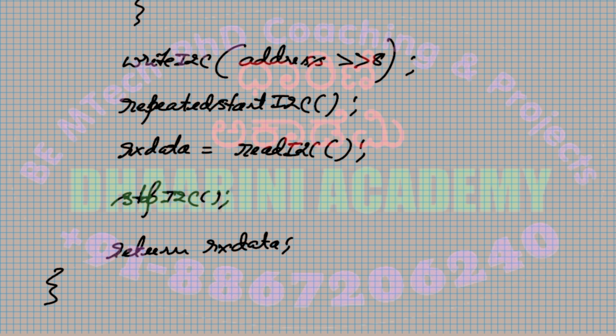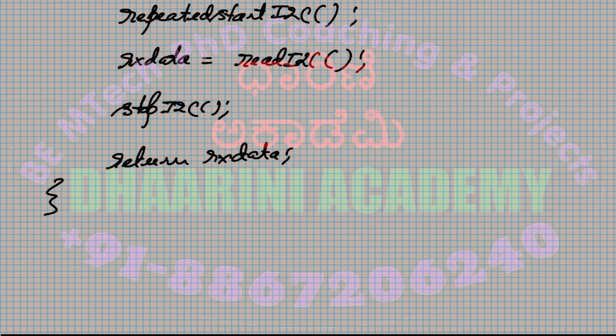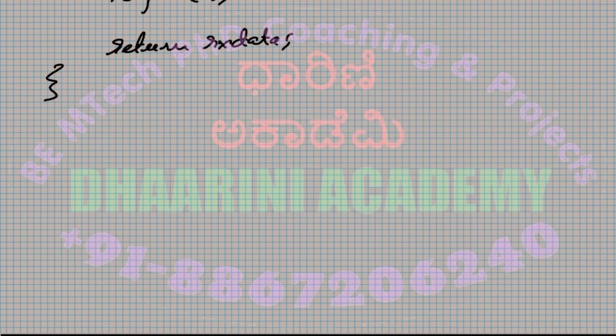Is it okay? All right. Now, let's look at the functions. We had to write a function, right? That is write I2C and read I2C. Both functions will be written here, which actually includes the acknowledgement that is coming from the slave as well.